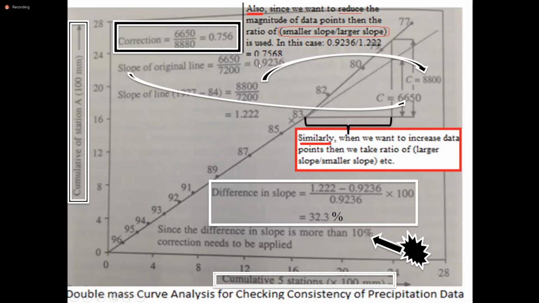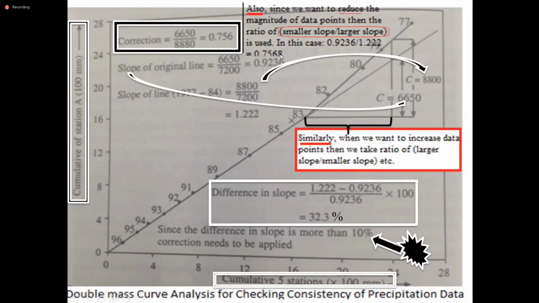So the slope of the original line here is 0.9236, and the slope of this line above here is 1.22. So to make the correction, we are taking the value 8,800. So you are going to inverse it.